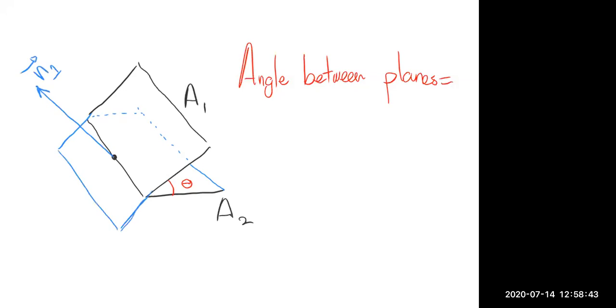The normal to A2 is something like this, N2. Right? Look at the angle between these two vectors. Actually, that's the same angle as the angle between the two planes. So the angle between planes is equal to the angle between the normal vectors.